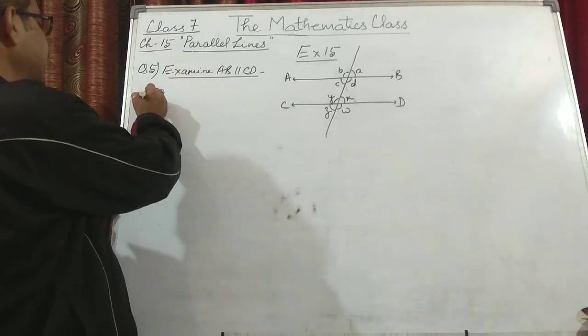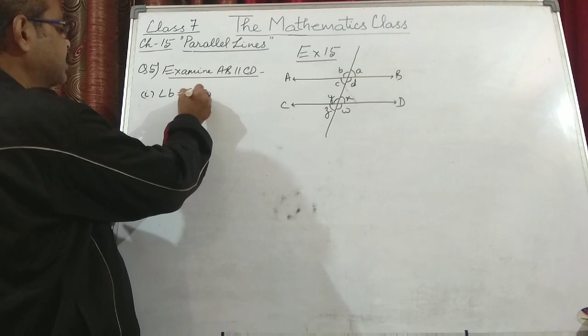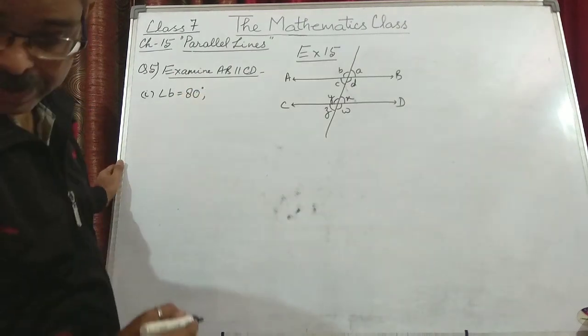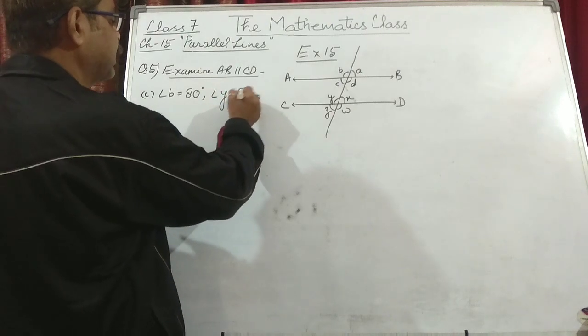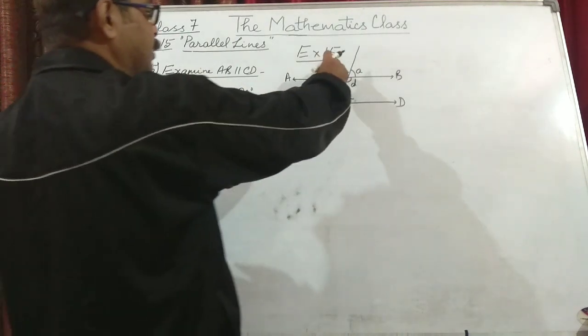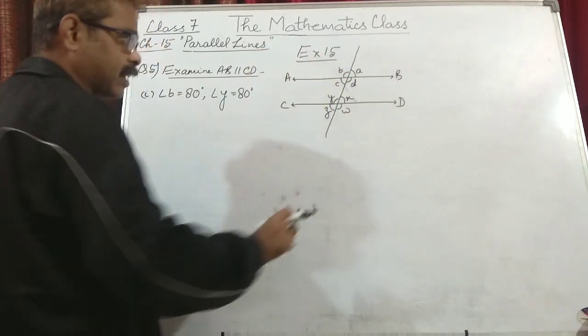So in the first case, they say angle B is equal to 80 degrees, and angle Y is equal to 80 degrees. Now angle B and angle Y are equal in this diagram.